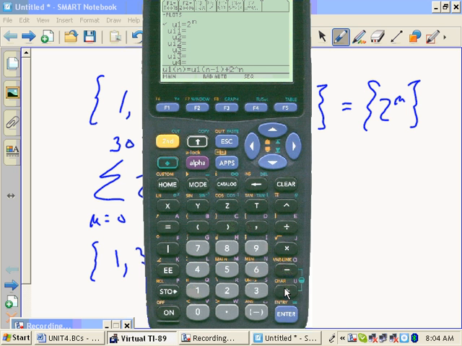What does that mean? That means take everything we added up already and add up the next term and graph that. Then the next time it does it, take everything you added up already, get a new term, add it up, graph that. So that's how you symbolize sigma notation in sequence mode.